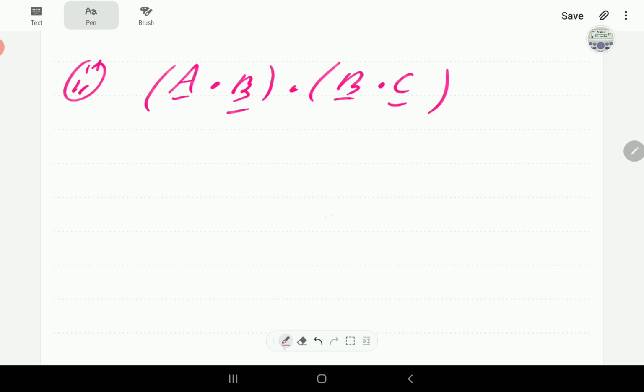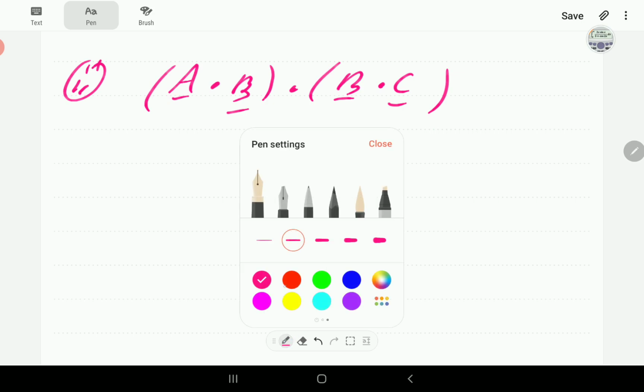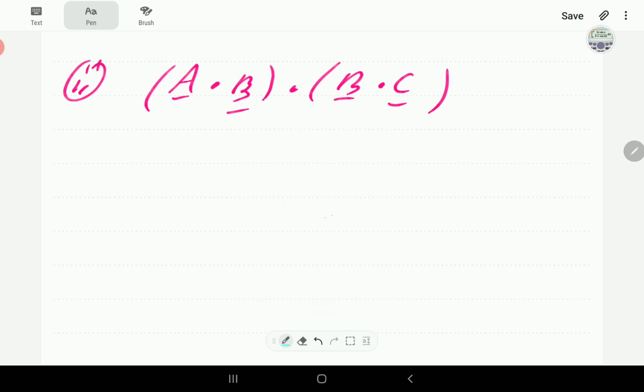A dot B gives us a scalar, so this is a scalar here. B dot C is also a scalar. Okay.